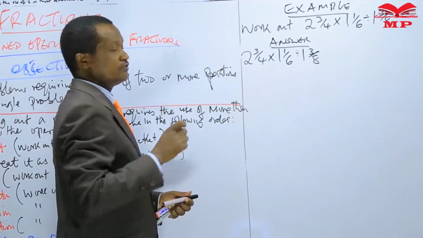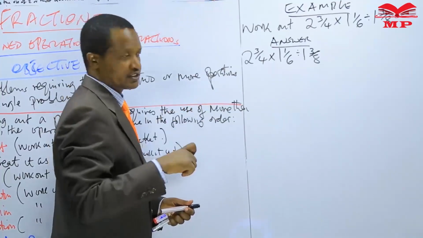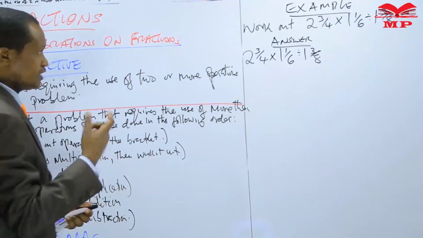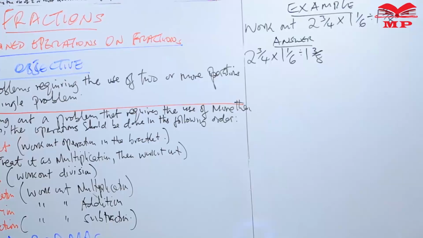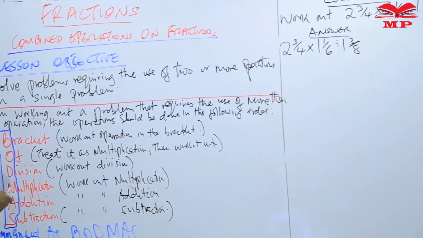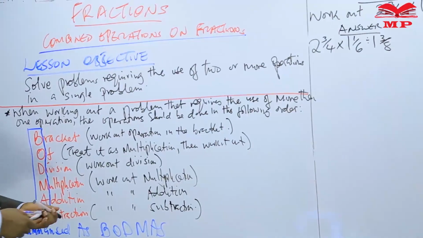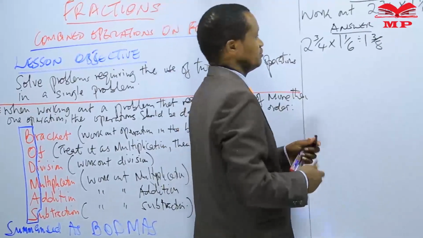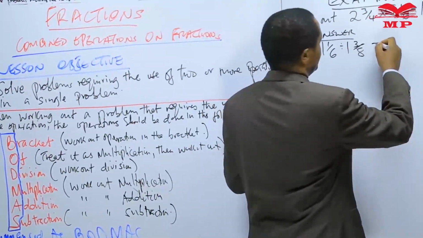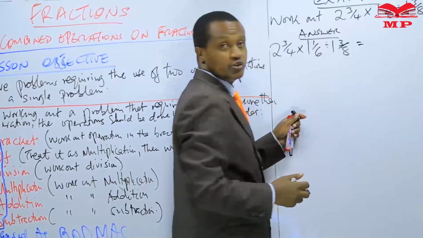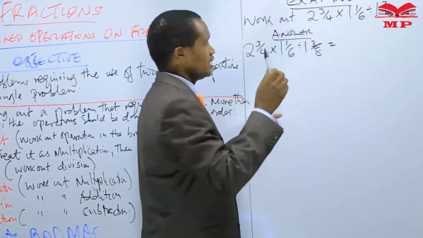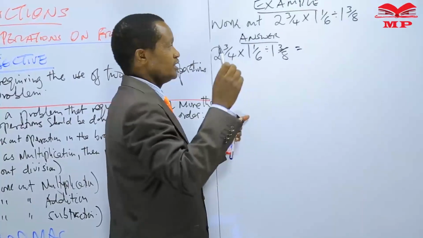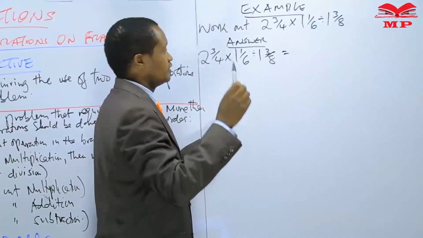Between multiplication and division, division comes first. Okay, we divide before we multiply. BODMAS. Division, then multiplication. Remember, we learned how to multiply and how to divide fractions.